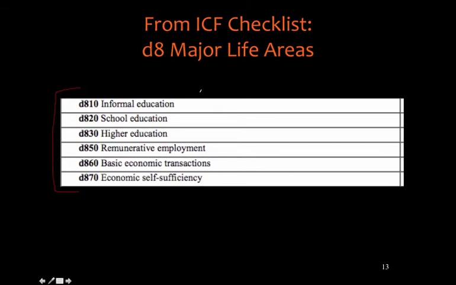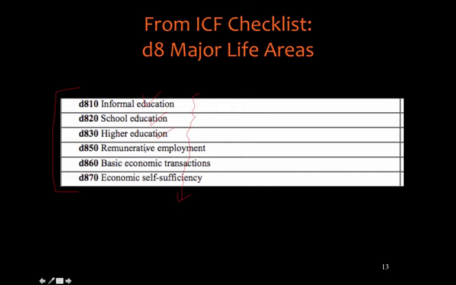You can see that cascade here. If you have hearing impairment that causes activity limitations relative to communication, that's going to have an effect on informal education, at home, plus school, plus higher education.